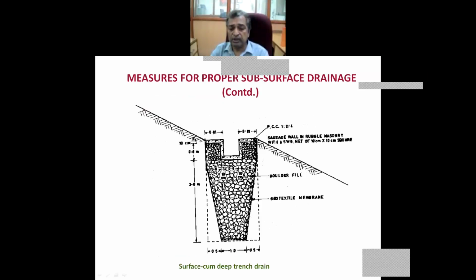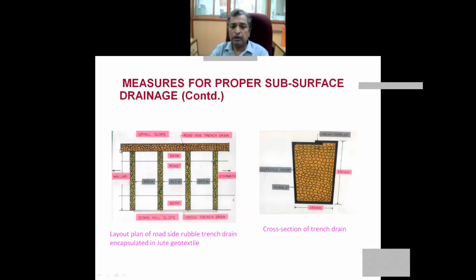So this is the deep subsurface drain, or deep trench drain. This is a typical view of a drainage system which was provided near the Joshimath area. Here are the details of the cross-section of that.